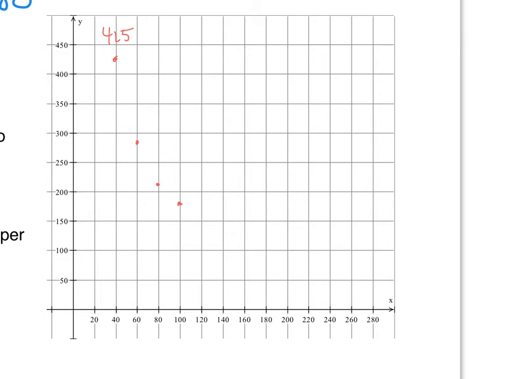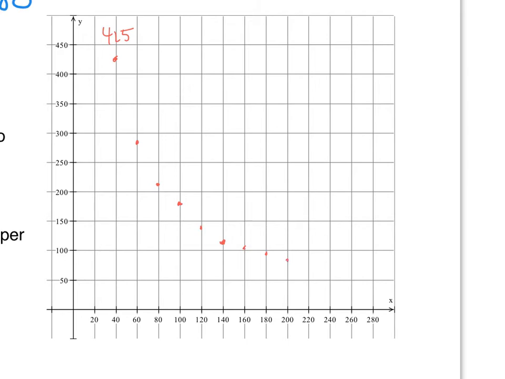120 is 141. 140 is 121. 160 is 106. 180 is 94. We can see it's flattening off quite a bit here. 200 is 85.